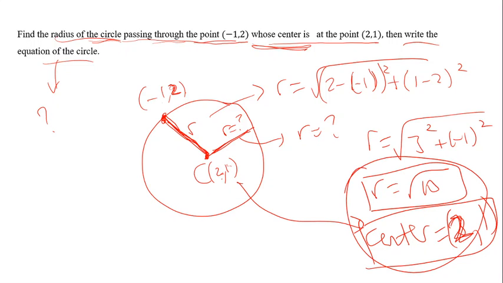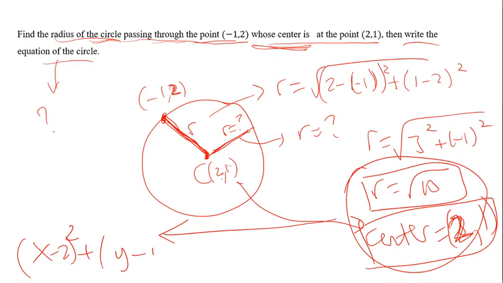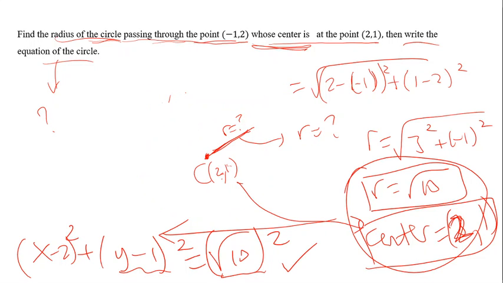So we can write the equation. The equation is x minus 2 squared plus y minus 1 squared equal to square root 10 squared. So this is the equation. If the general form is wanted, you have to expand them and check the answer in the choices.